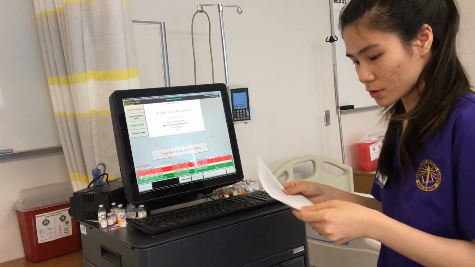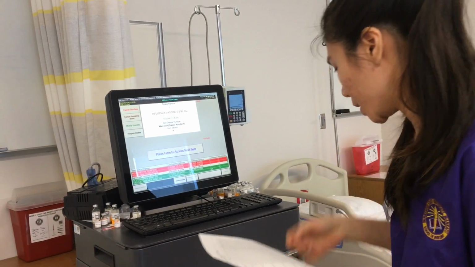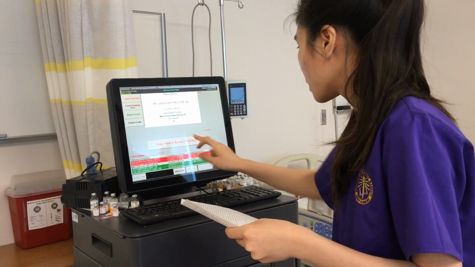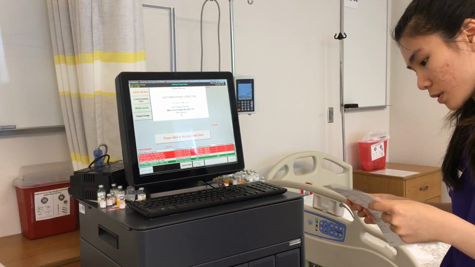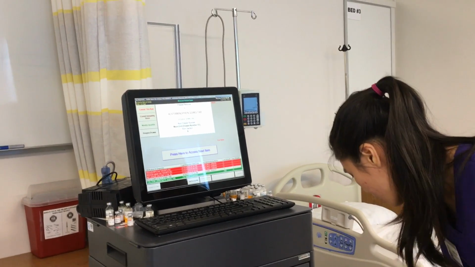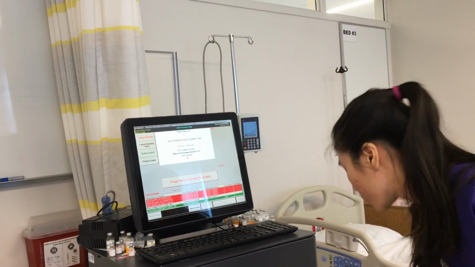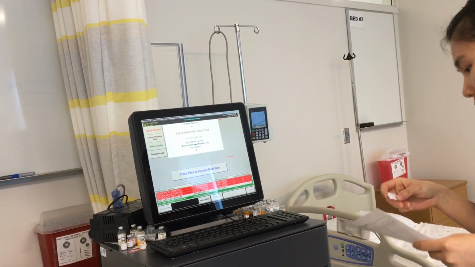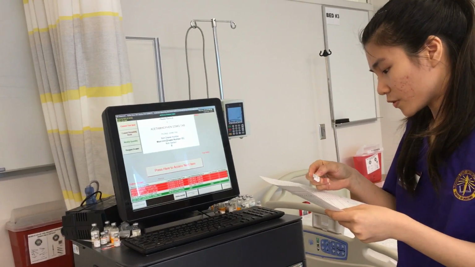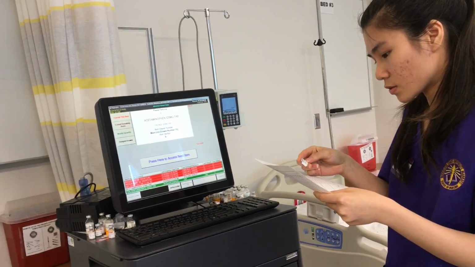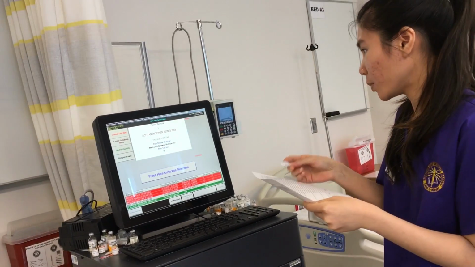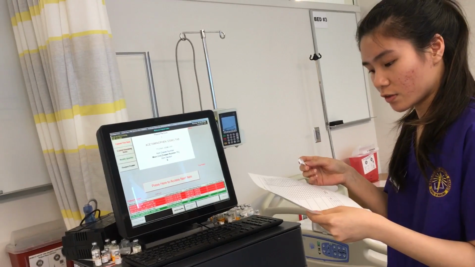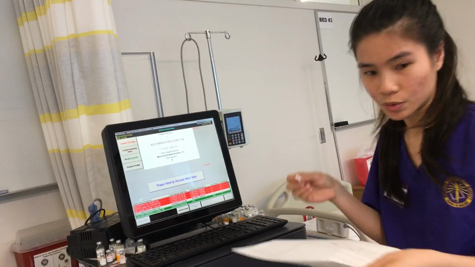And I also want to draw the PRN medications. The next is calcium. Then this one will be acetaminophen, 325 milligrams. However, my patient needs 650 milligrams, so I will draw 2.